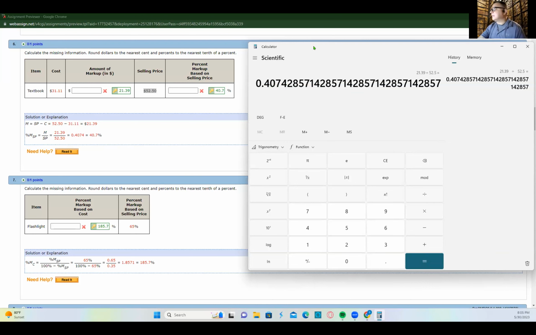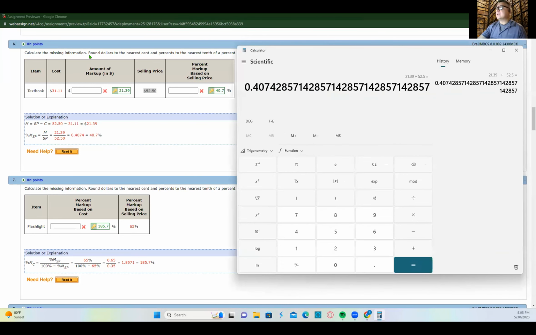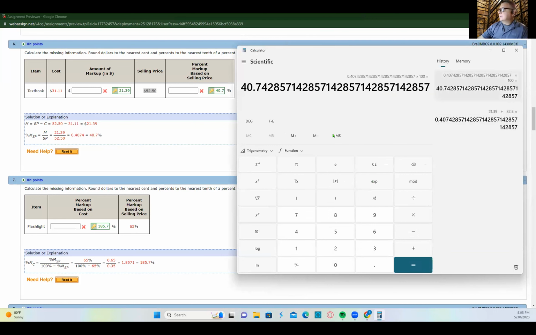They tell you in the instructions to round to the nearest cent. Another way to do this on the calculator is to multiply by 100, and that'll give you the percentage. I look to my right, that's less than 5, so we just leave it as is, 40.7.